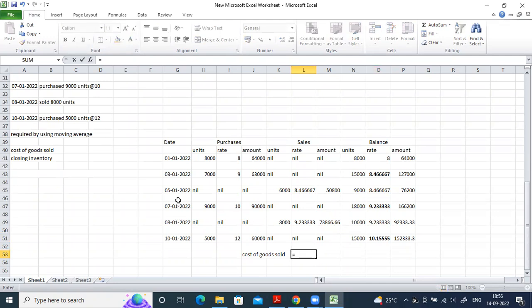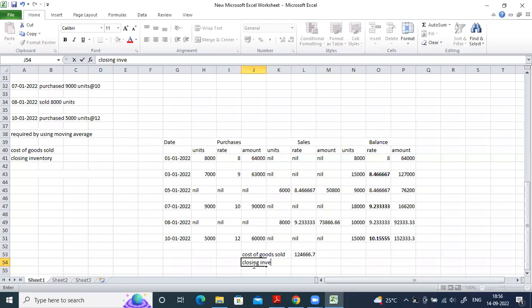What is the value of the goods sold on 5th January, guys? 50,800. And the value of goods sold on 8th January? 73,866.66. So the total cost of goods sold will be 1,24,666.7.